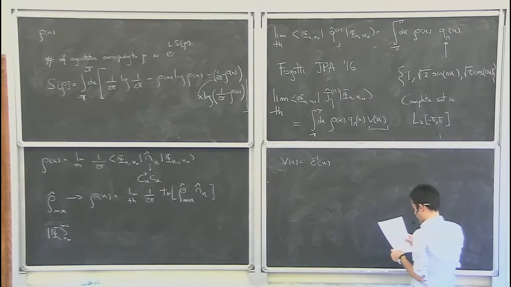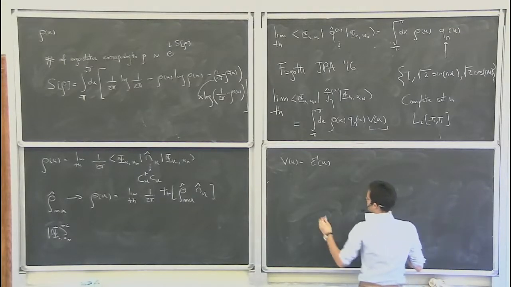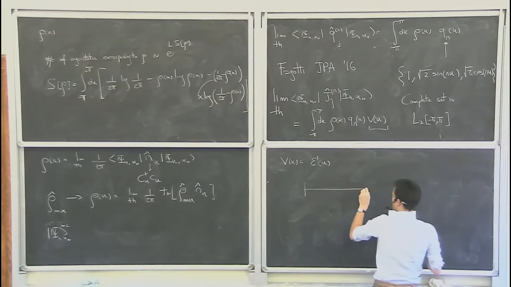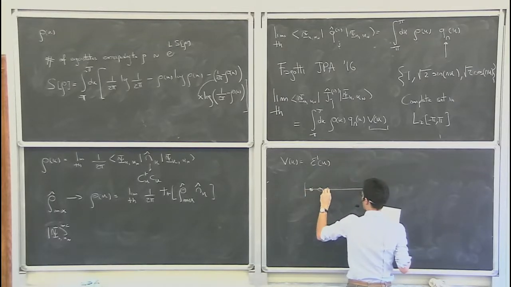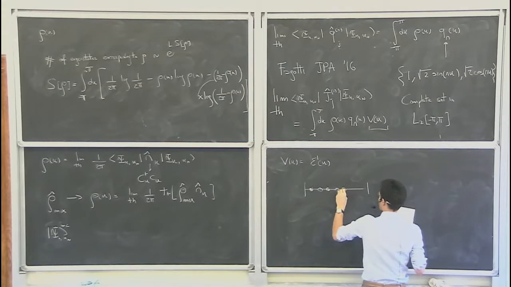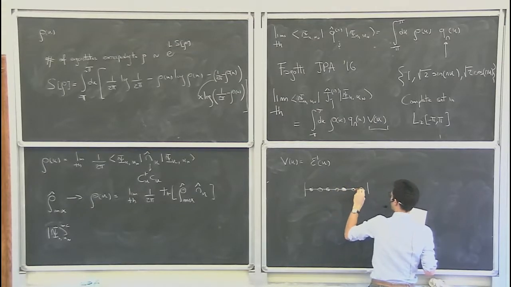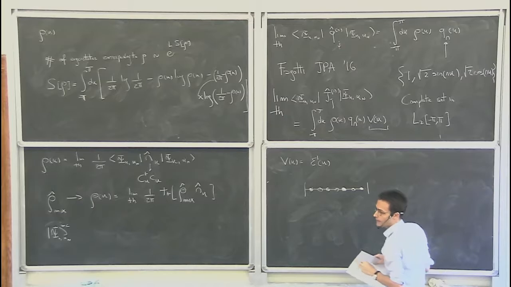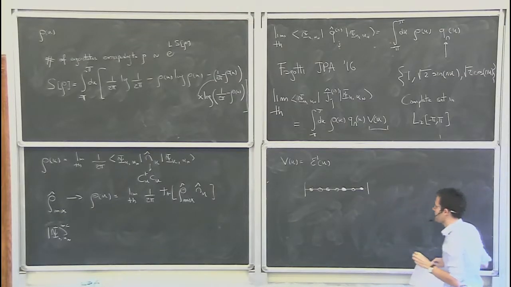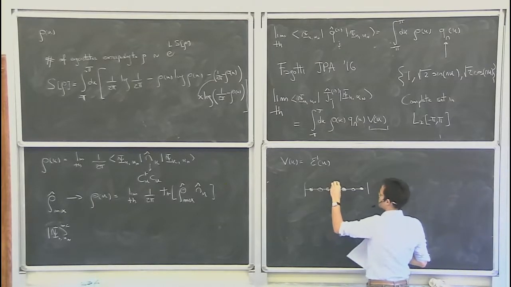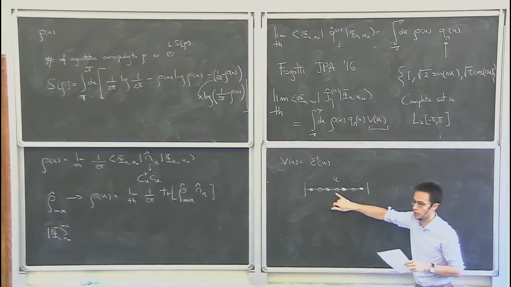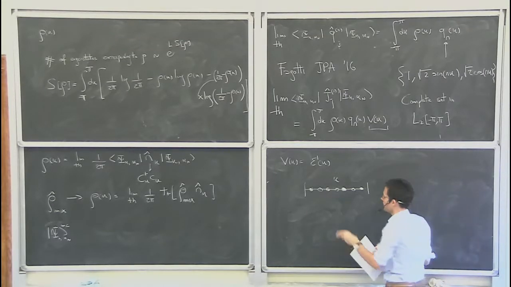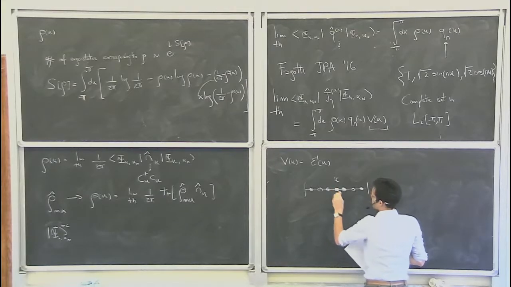What I mean by that. So if you have your state psi, characterized by some occupations, as we said before, okay? And you create some excitation of momentum k. So you take one of these empty slots, which was empty in the state, you fill it, okay?